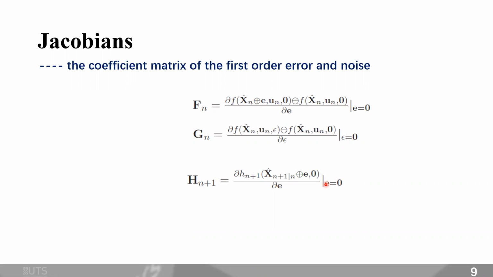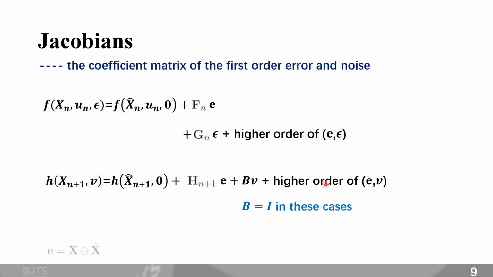I have a simpler way to compute these values by using Taylor series. It's an equivalent definition: the Jacobian of a function is the coefficient matrix of the first-order error and noise. It becomes much easier. And due to different retractions, the forms of errors are different, leading to different Jacobians.